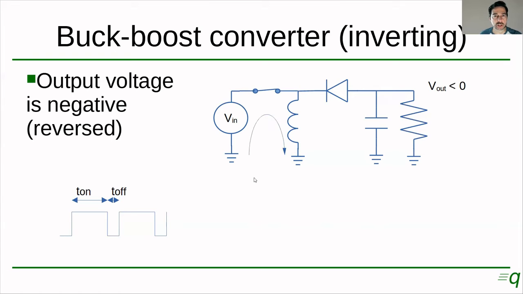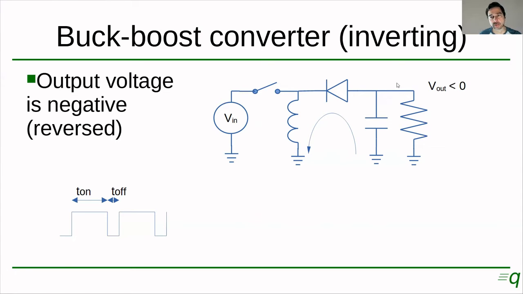When we close the switch, we have a current flowing through the inductor, okay? Now, when we open the switch, the current keeps flowing through the inductor and now through the diode, and it kind of takes charge away from the capacitor and makes a current flow in this direction through the load.